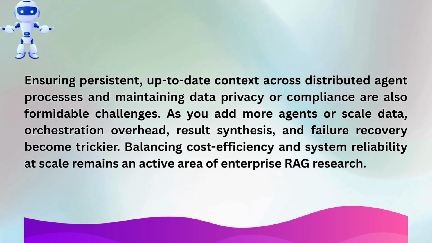Ensuring persistent, up-to-date context across distributed agent processes and maintaining data privacy or compliance are also formidable challenges. As you add more agents or scale data, orchestration overhead, result synthesis, and failure recovery become trickier. Balancing cost efficiency and system reliability at scale remains an active area of enterprise RAG research.